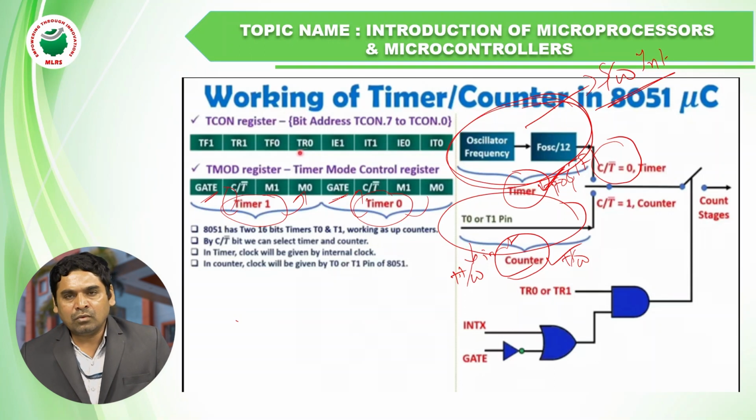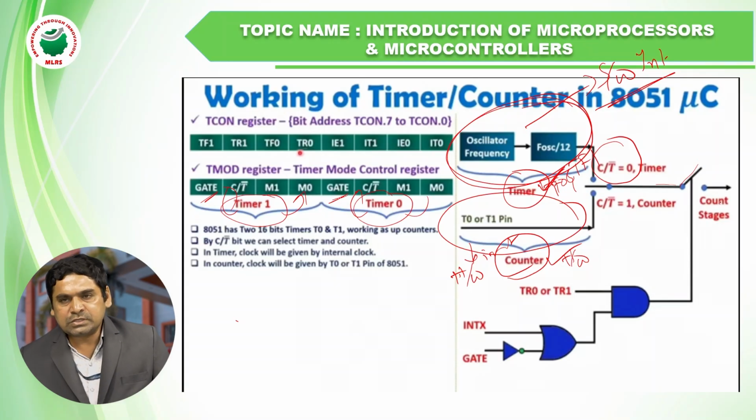When C/T bar equals 1, it will work as a counter. When C/T bar equals 0, it works as a timer. After that, these two points are connected into one line, and here one switch is there.